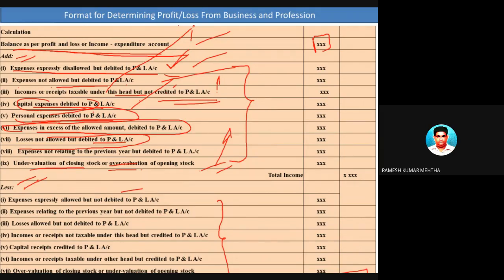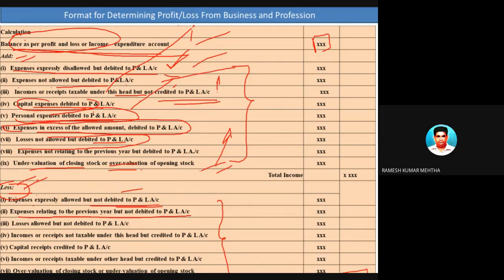Less items: expenses which are allowed but not debited to profit and loss account should be deducted. Expenses relating to previous year but not debited to profit and loss account should be deducted, or we have to less from the profits. This is the profit.